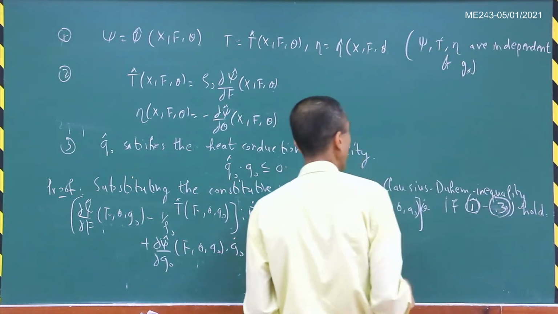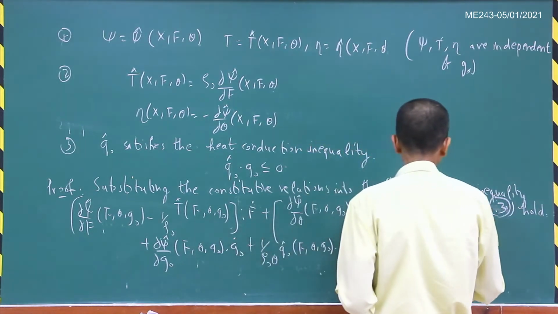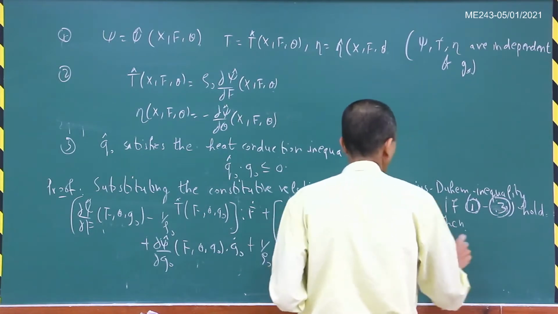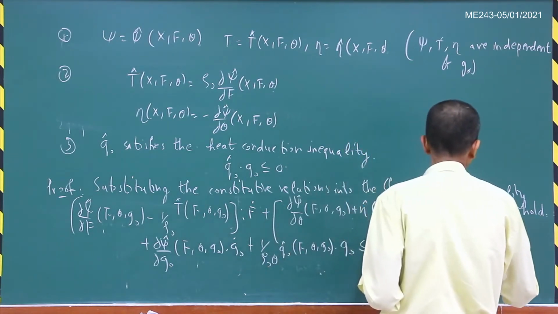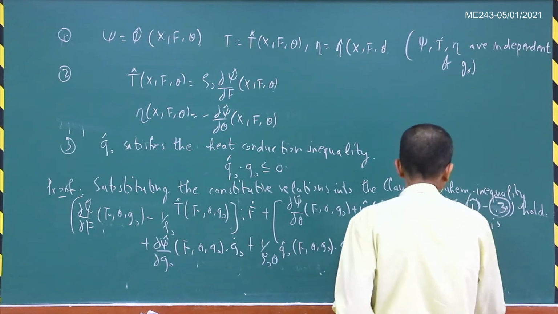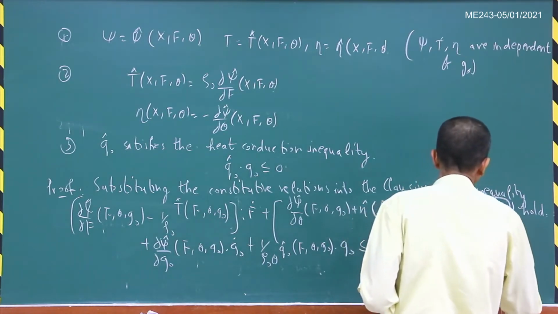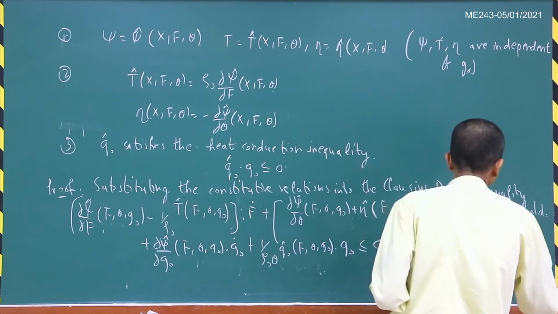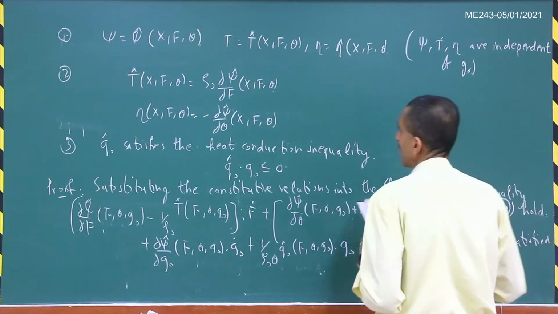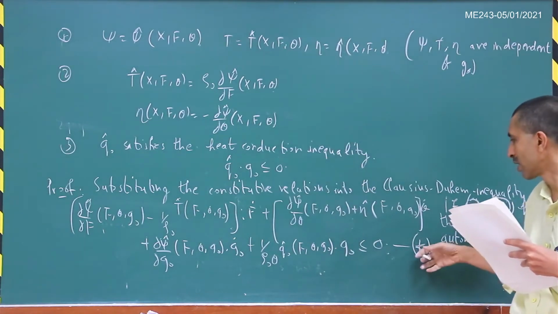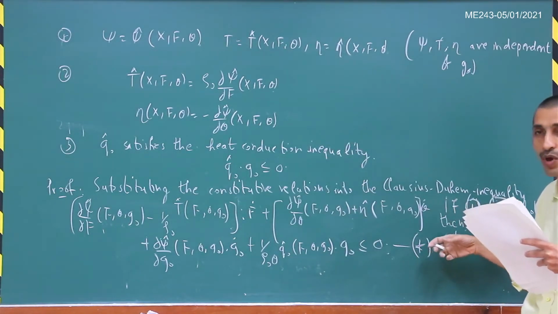So if 1 to 3 hold, and let us call this inequality the star, then star is automatically satisfied. And so, as I said, that shows that these conditions are sufficient for the Clausius-Duhem inequality to hold.